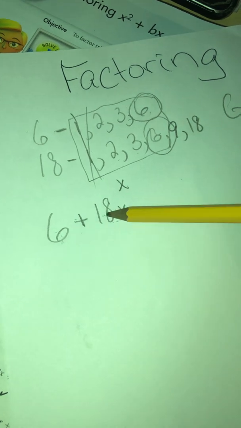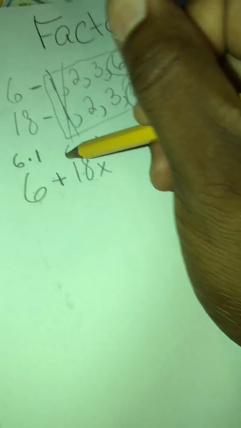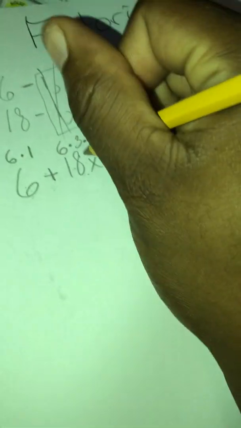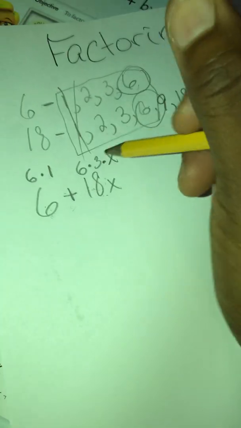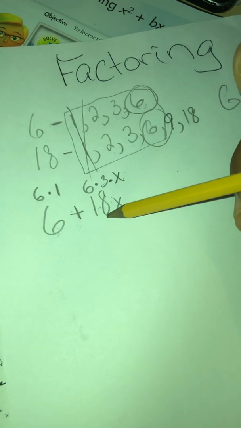I already know the GCF for those numbers is 6 because we talked about it before. So I'm going to put 6 above them. But I need to know what multiplies by 6 to give me that number. So 6 times 1 gives me that number. And then 6 times 3 gives me 18. So that means 6 times 1 is this term. And then 6 times 3 times x is this term.